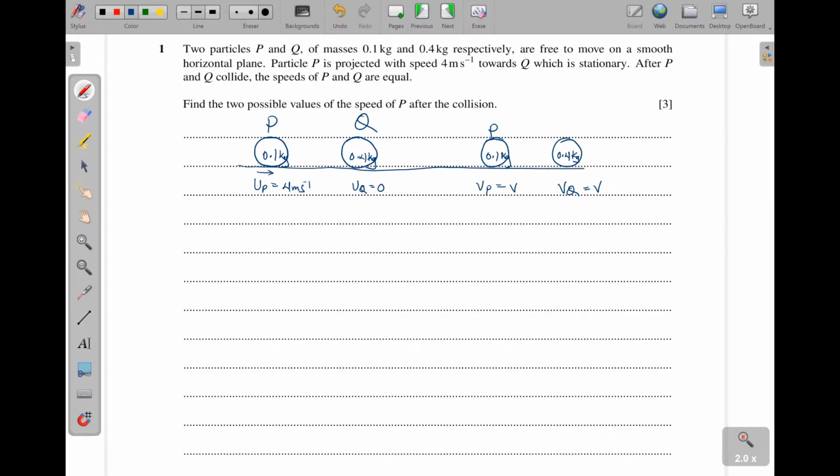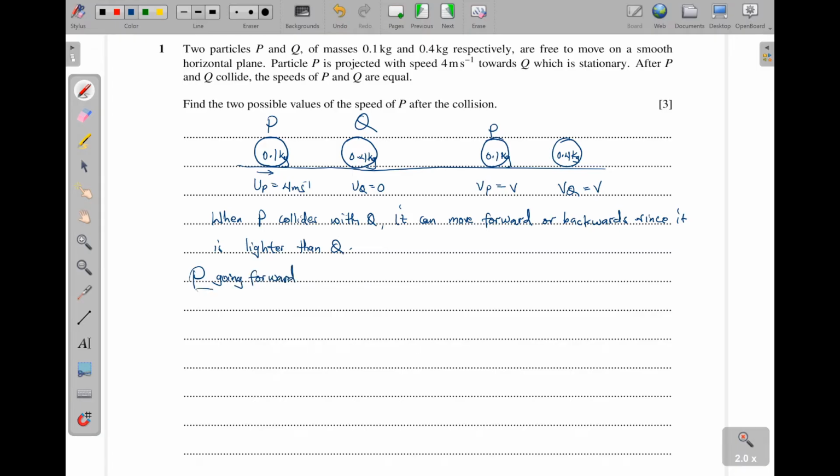Now, I said when P collides with Q, it can move forward or backwards, since it is lighter than Q. Now, let's consider P going forward.